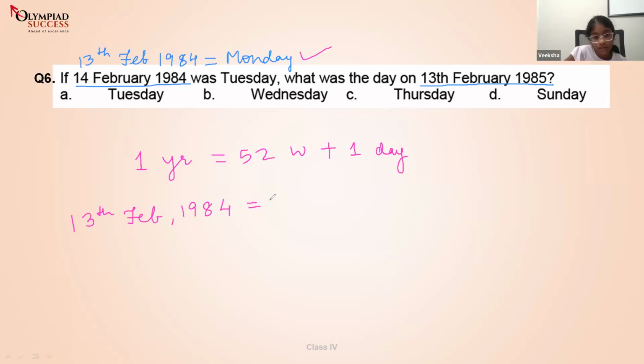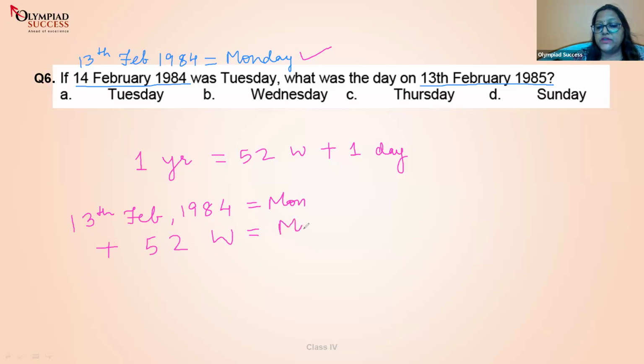So 1 week will also give you Monday, 2 weeks will also give you Monday, 3 weeks if you add, then also you'll get Monday. In the same manner, if you add 52 weeks, this will also be your Monday.